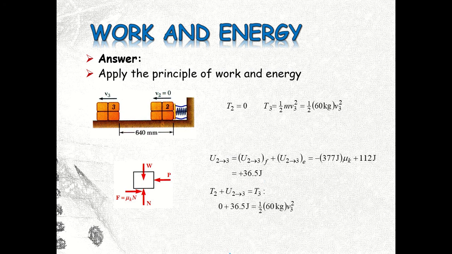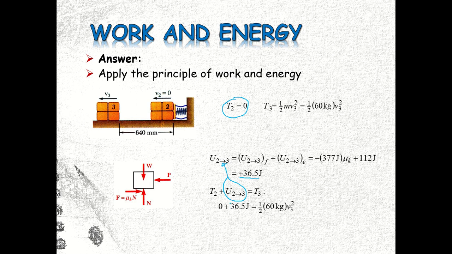Alright, so from the standard equation, we have T2 plus U, the work from 2 to 3, equal to T3. T2 is equal to 0, as you can see here, because the velocity at this point is equal to 0. So we have only this one, and we have calculated this. So this is already given, which is equal to this one.